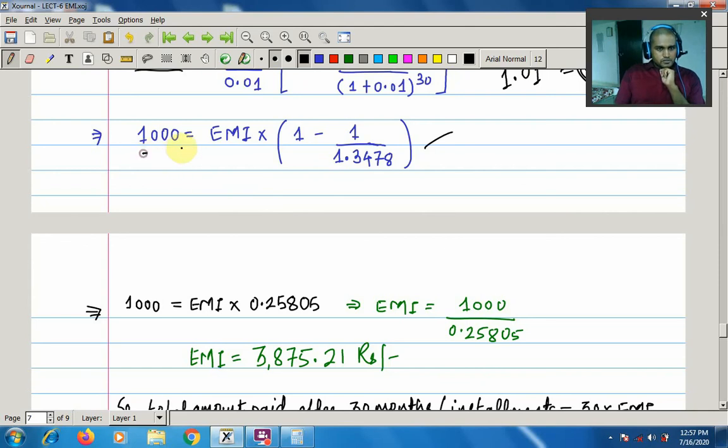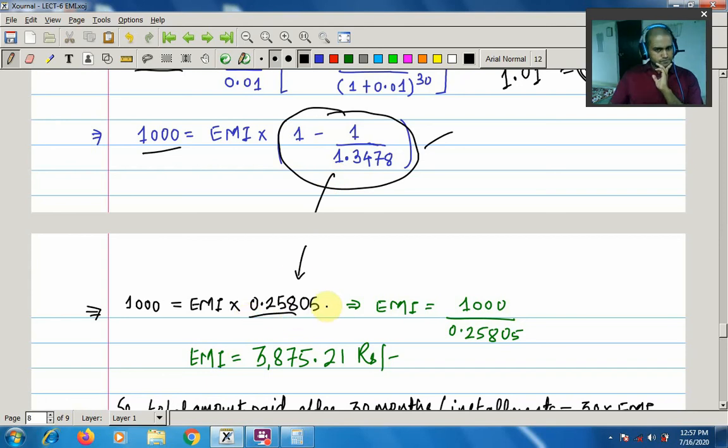So this comes to 1000 EMI, and this quantity comes this much. So EMI is, this comes in the denominator of 1000.